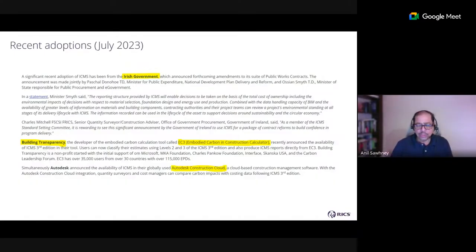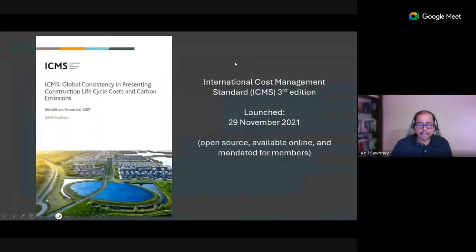So you will get to see a little bit of what EC3 can do in terms of calculating carbon, but also cost, because they have adopted ICMS. Similarly, some of the Autodesk tools also have adopted ICMS. So you can see cost and carbon is getting integrated.